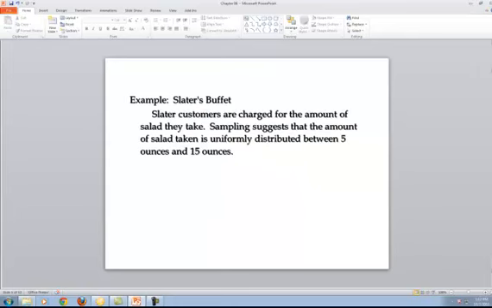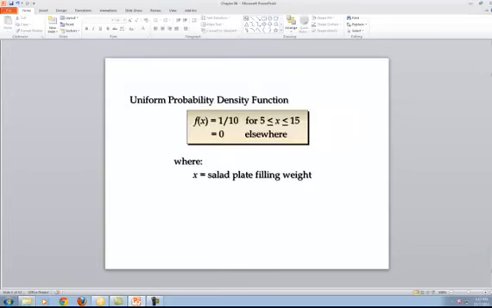For instance, here, Slater's customers are charged for the amount of salad they take. Now the amount of salad they take is uniformly distributed and ranges from 5 ounces to 15 ounces. Hence the smallest value is 5 and the largest value is 15. This is therefore the probability distribution of the salad filling weight.